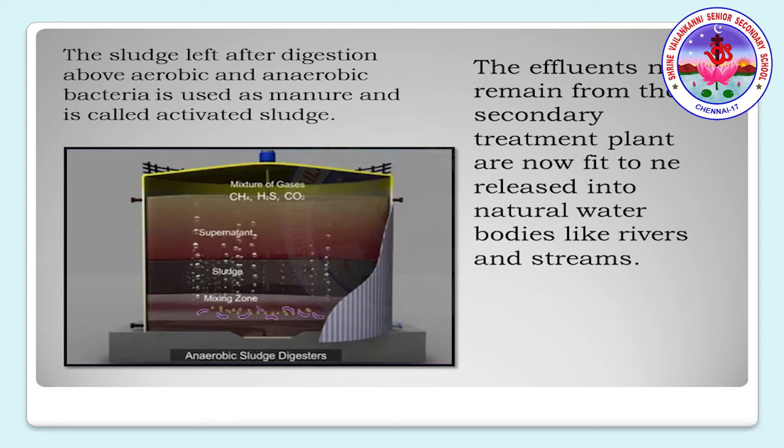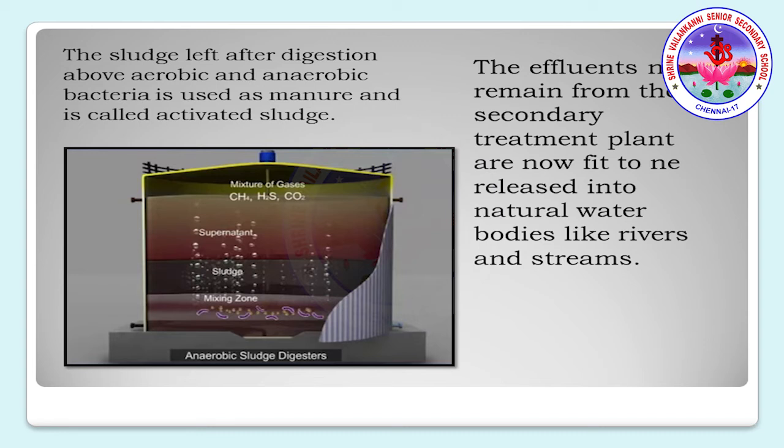A small part of the sludge is used as an inoculum in the aeration tank and the remaining part is passed into the large tank called the anaerobic sludge digester. In this digester, the heterotrophic microbes anaerobically digest the bacteria and fungi. Once the digestion process happens, methane, hydrogen sulfide and carbon dioxide gases will be released. That forms the biogas.